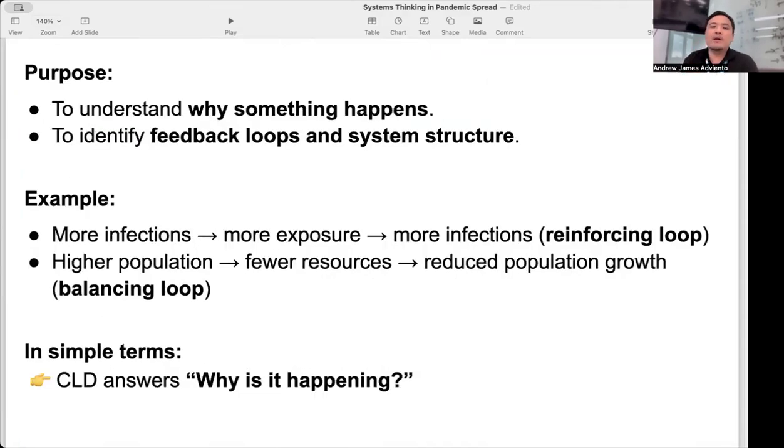The purpose of CLD is to understand why something happens and to identify feedback loops and system structure. And these are the examples. In simple terms, CLD answers why it is happening.